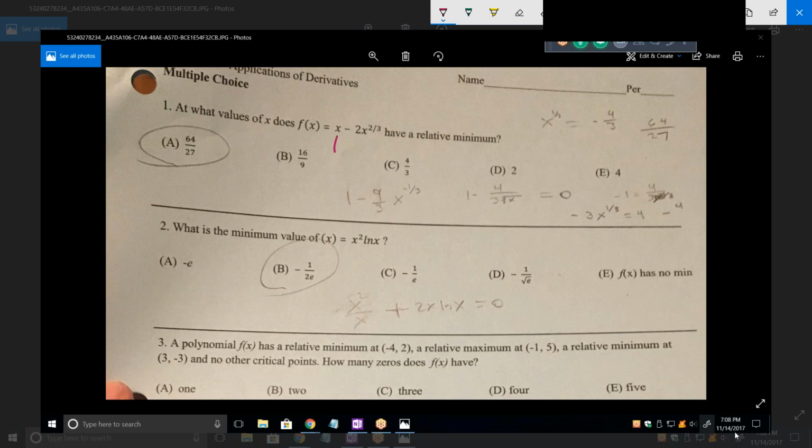So that's 1 minus 4/3 x to the minus 1/3 equals 0. Notice that if I make it minus 4/3 x to the minus 1/3 equals negative 1, multiplied by the reciprocal, I get x to the minus 1/3 equals 3/4, positive 3/4.